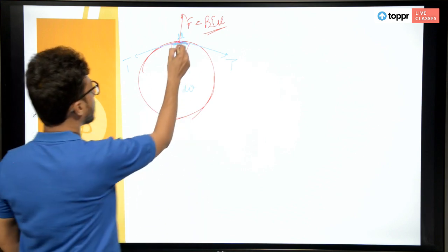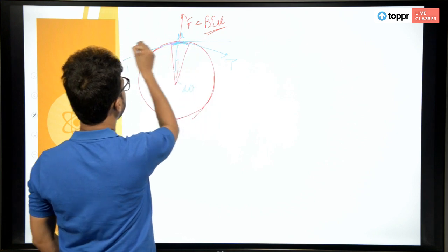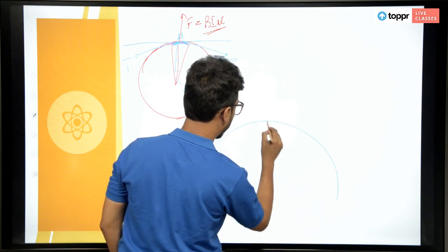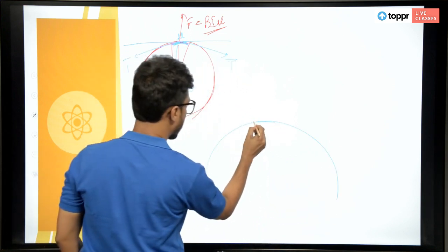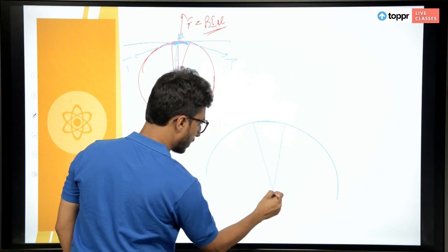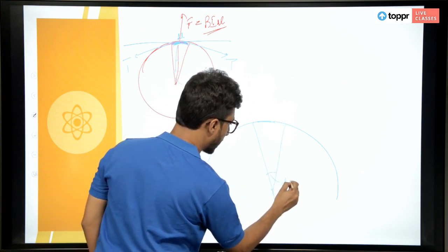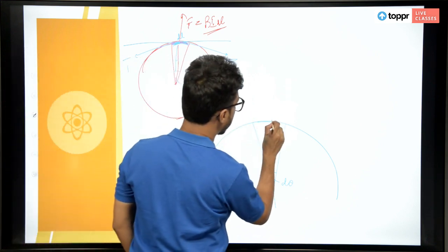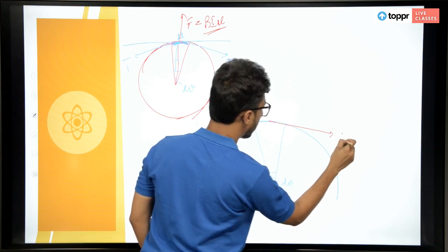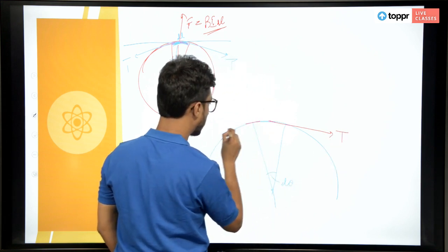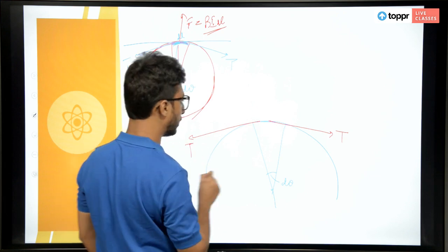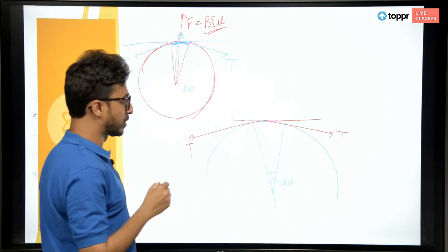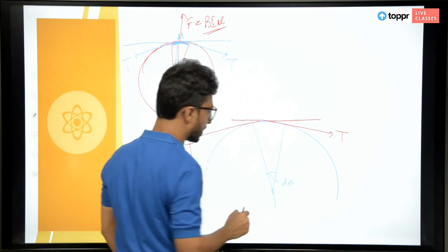What is the angle here? I'm trying to draw this circle once again. Say this is d theta, right? And these are the tensions. This is d theta. This is another tangent.